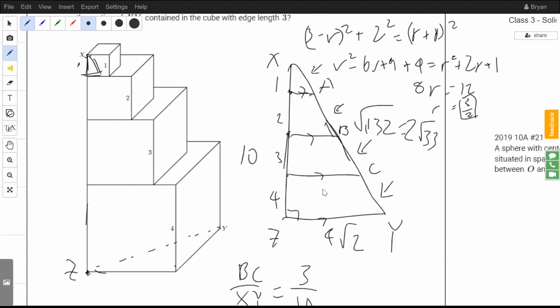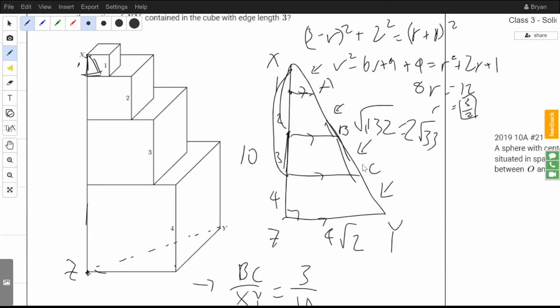Well, the way you get this is going XC minus XB, and because XC minus XB over XY is equal to this length minus this length over XZ by similar triangles. So then we know that the difference is just 3.